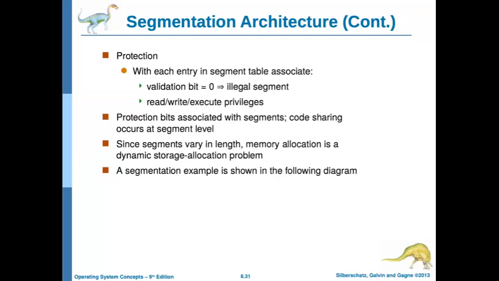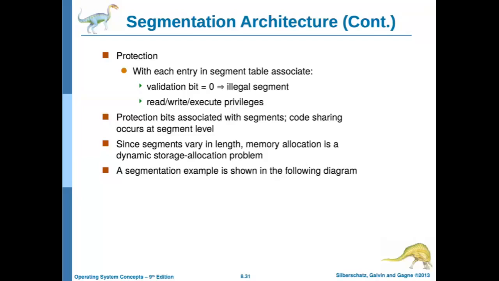Now we saw two different types of problems when we looked at contiguous allocation. One is with fixed partition and one is with dynamic size partition. Now because segments themselves vary in length, all the functions or all the logical parts of your program are not equal in length.